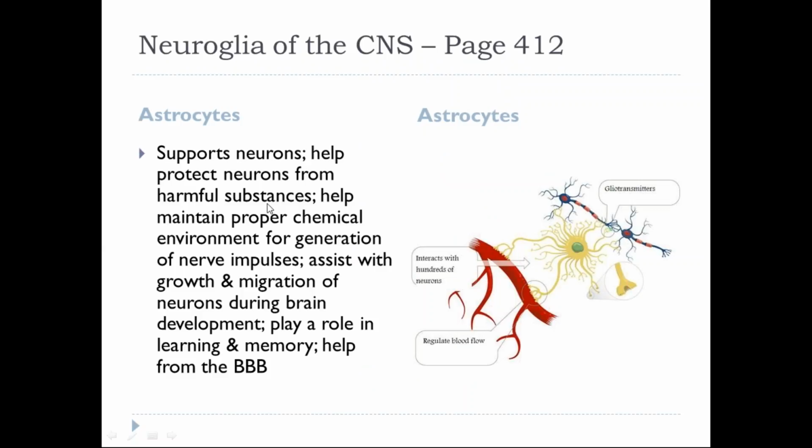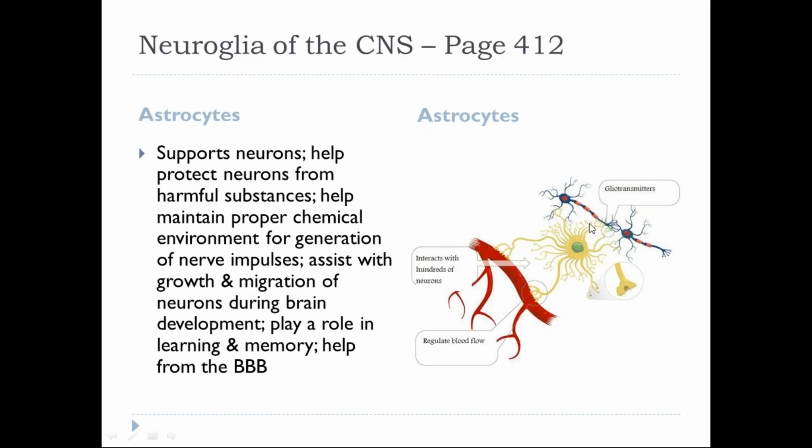So again, we can see the astrocytes have a bunch of functions. They're one of the busiest cells within the central nervous system. They can produce something called a gliotransmitter. They don't really produce a neurotransmitter because that would be from a neuron. They're a glial cell, so they produce a gliotransmitter. And it is released wherever there is a synapse or a connection between two neurons.